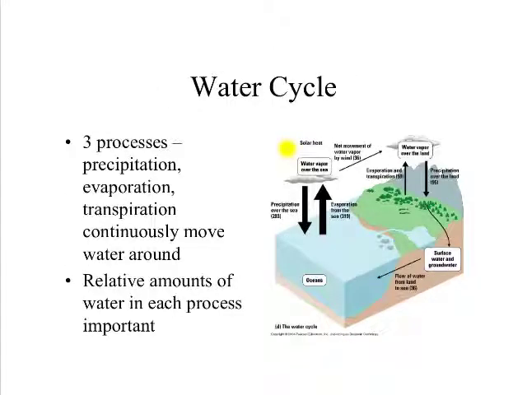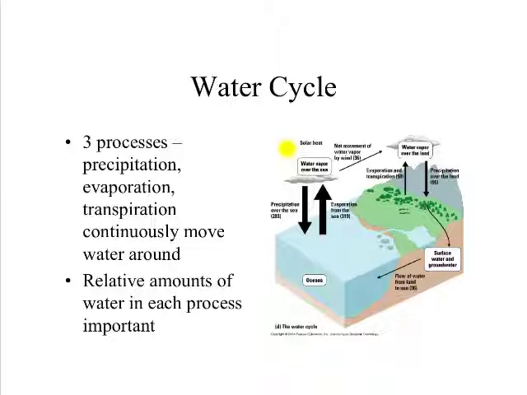All right, the last cycle that we're going to take a look at is the water cycle. So we have three processes within the water cycle: precipitation, evaporation, and transpiration, that are continuously moving water around in an ecosystem. So remember, precipitation is rain, sleet, or snow, water falling from the sky, basically.